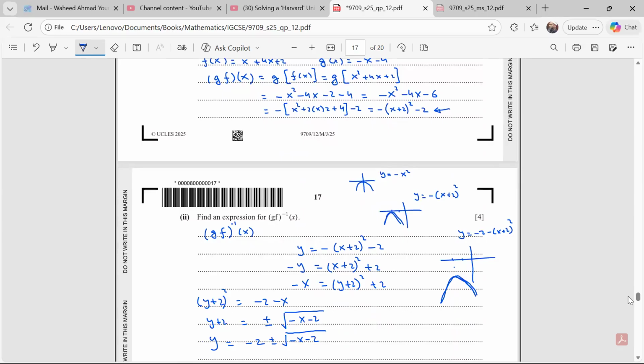So we have to take this portion only and we will disregard this one. Okay. And when we take the inverse function, we have to find this reflection in this line. And that would be something like this. Okay. So we have to take only this value.